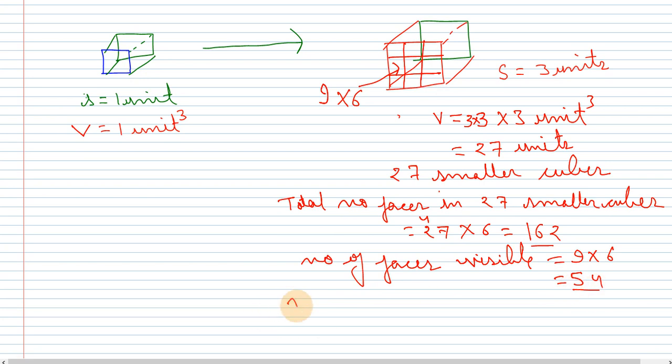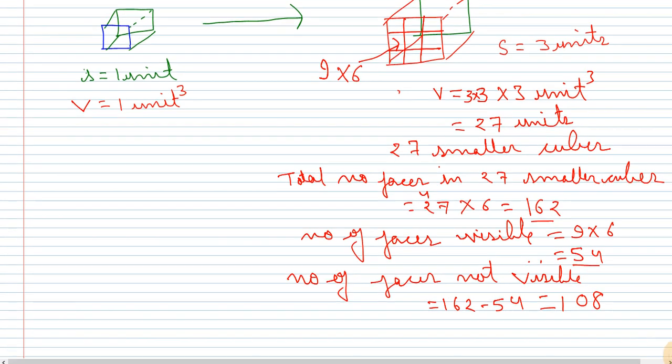So the number of faces not visible will be 162 minus 54, which is 108.